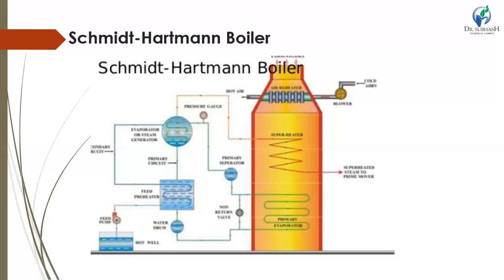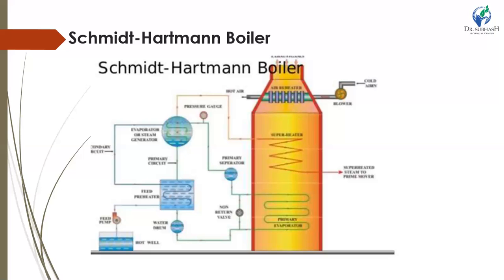Natural circulation is used in the primary circuit, and this is sufficient to maintain the desired rate of heat transfer. Impure water from the hot well is passed through the feed pump and gets preheated in the feed heater. So it is at its saturation temperature, and only latent heat is supplied in the evaporator drum.